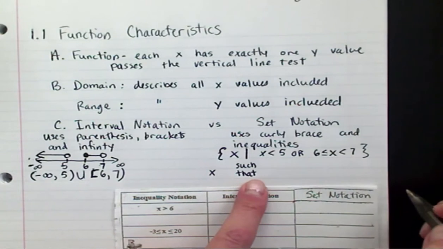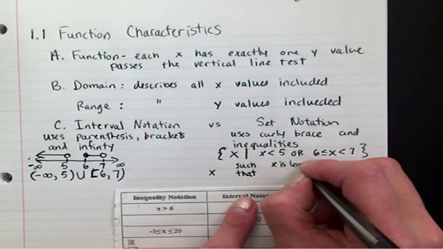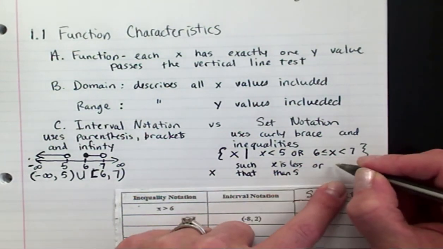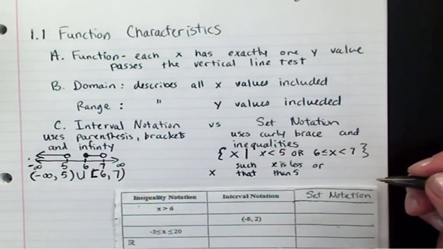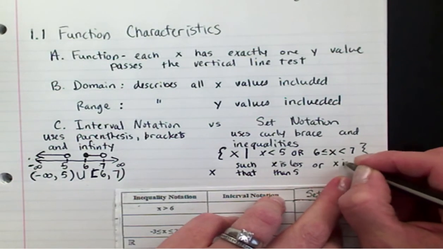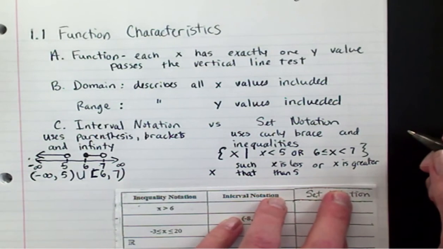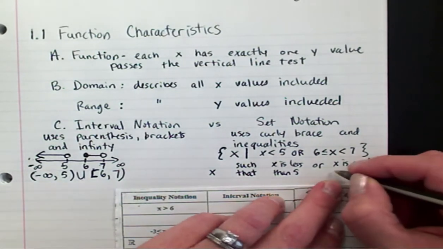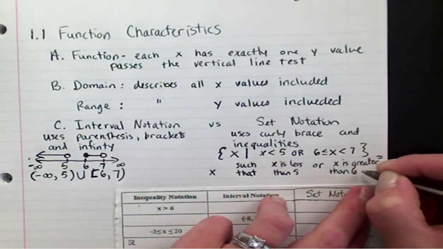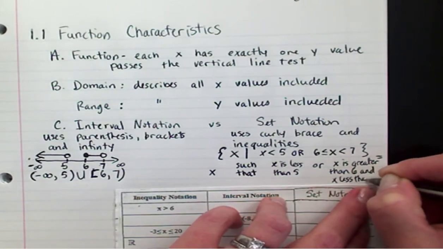Okay, so how does that translate? Literally, you just write the words. X is less than 5, or, well, I would like to say X is between, but you should say X is greater than or equal to 6, and X less than 7.